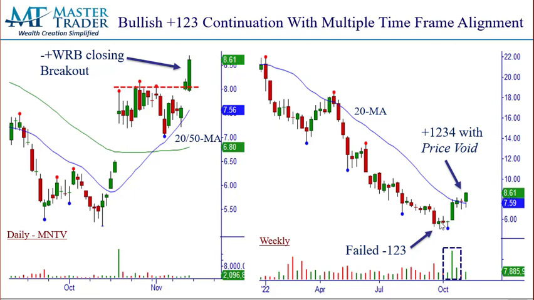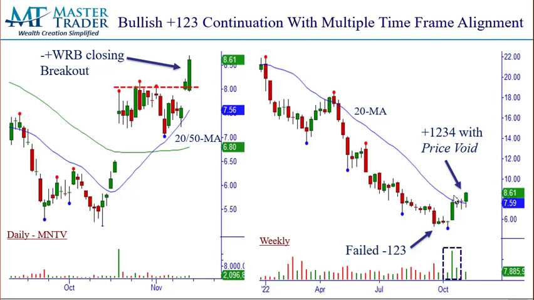Wide range bar, inside bar, and you could have one or multiple inside bars. If you have multiple inside bars that trade, in this case, above a prior high, or in this case over here, below a prior low, we call that a 1, 2, 3, 4. So this one triggered lower in a nasty downtrend, and look what happened.